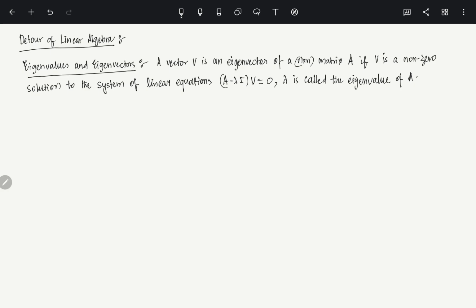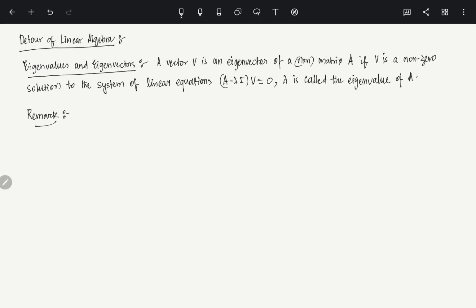Okay, so first of all, let's look at this property, or maybe let me write it as a theorem. Okay, so before that, let us put down a small remark. Of course I am assuming that you already know what eigenvalues and eigenvectors are given a matrix, and what the properties are.